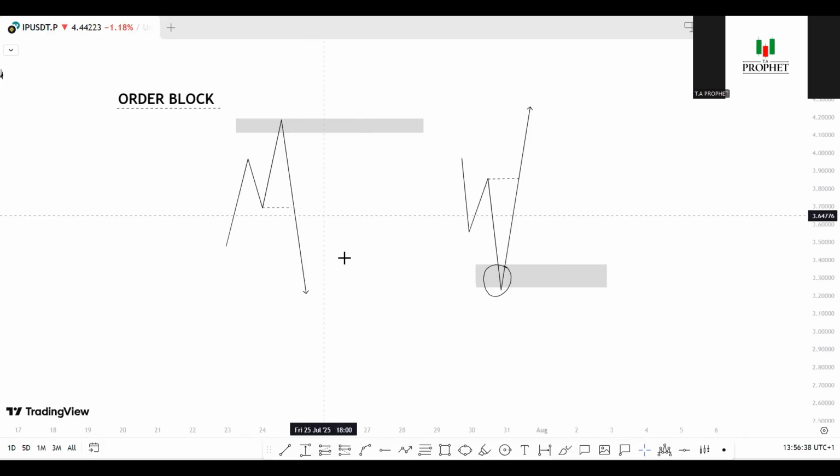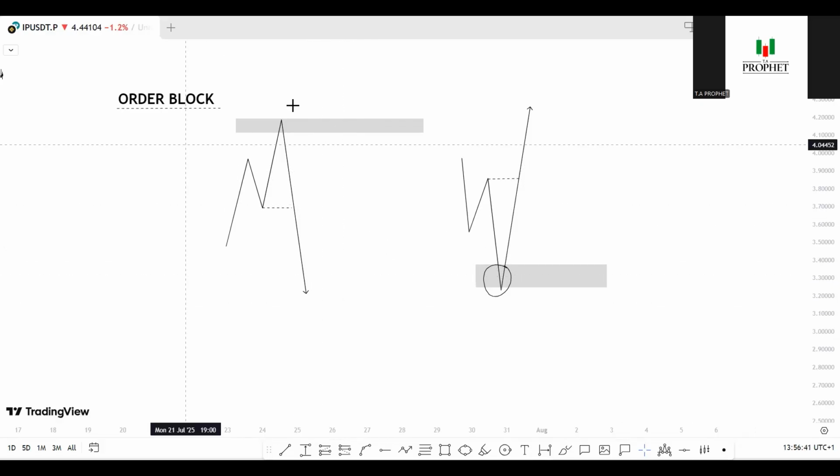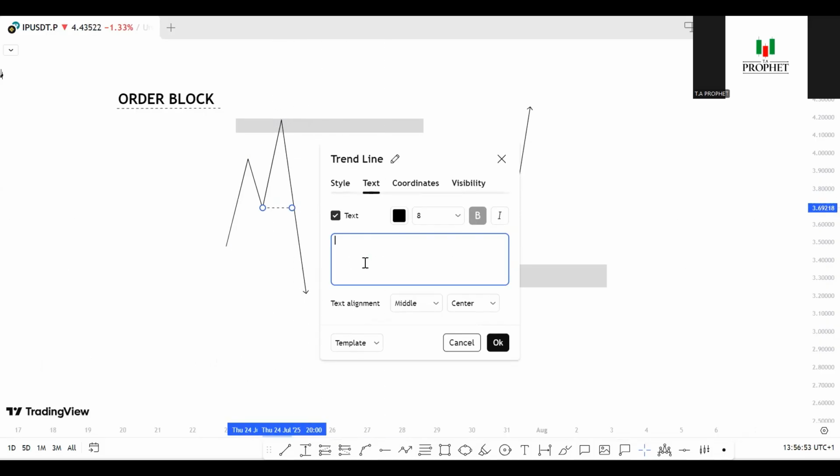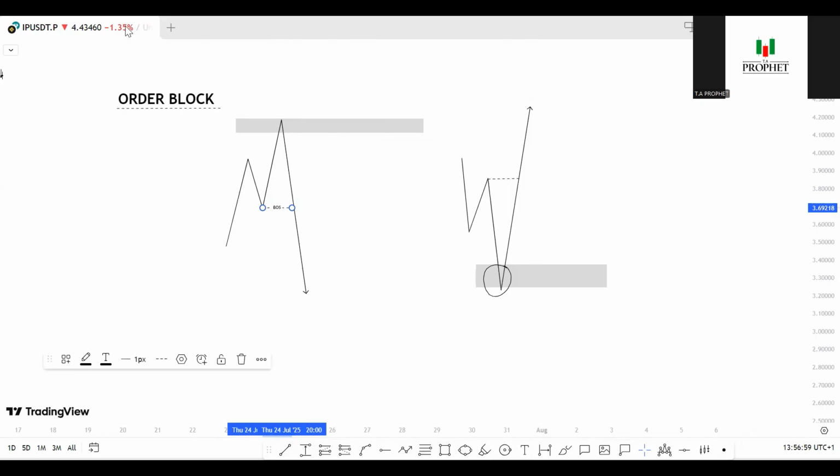Do you understand? Now, the number one thing we need to look at is that the candle must break structure. The candle that caused the impulsive movement must break structure. This is the structure I'm talking about. The impulsive move must break structure.